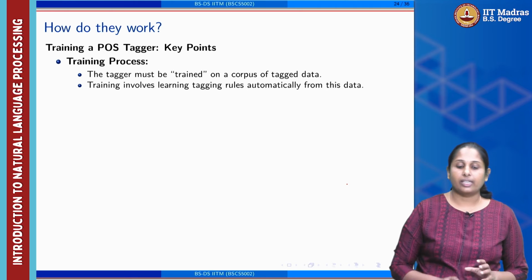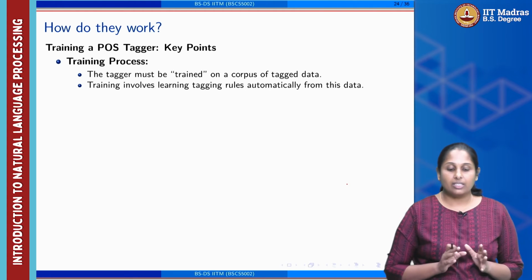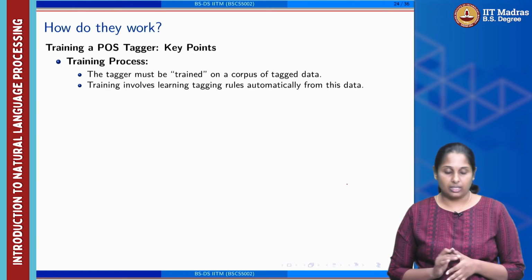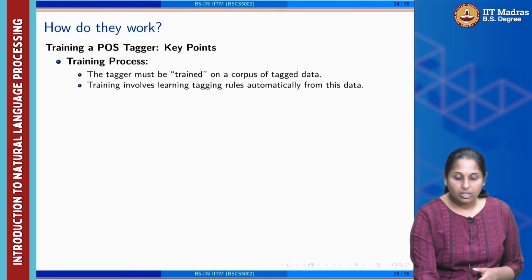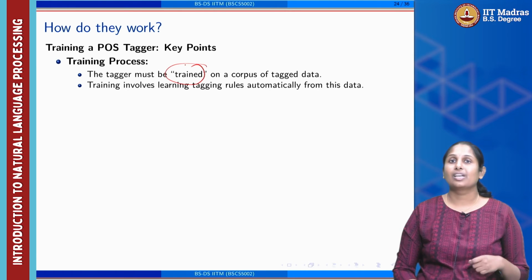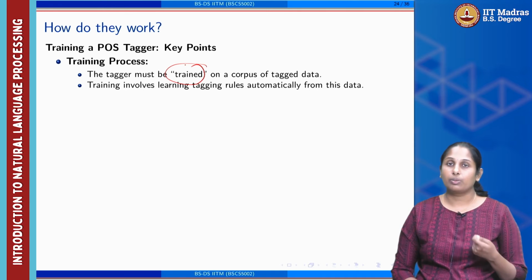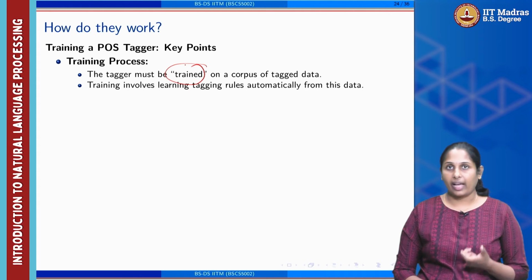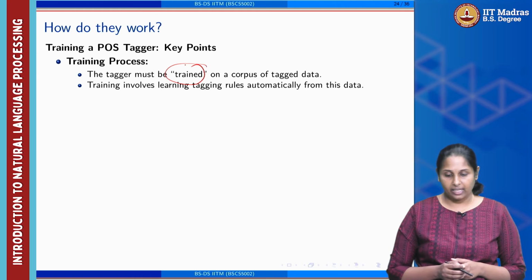So now, how to train this POS tagger? One is the training process. The training process is very important when we are working with a statistical approach. It is trained rather than written as rules, or transformed from one tag to another tag. So the corpus of tagged data is used to train the tagger.